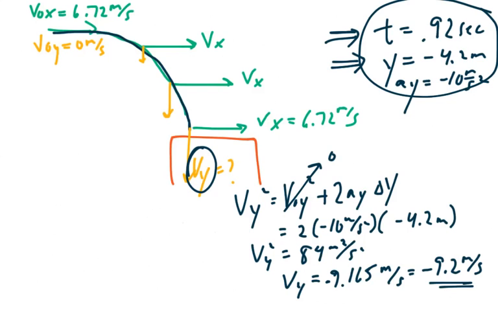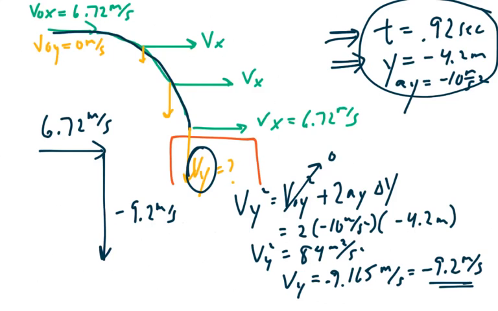I've got moving in the x at 6.72 meters per second, moving in the y at negative 9.2 meters per second. The overall resultant velocity would be here. The angle of that velocity would be here. So now it's just the Pythagorean theorem and an inverse tan.